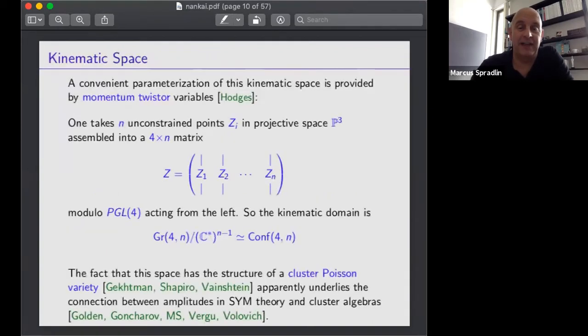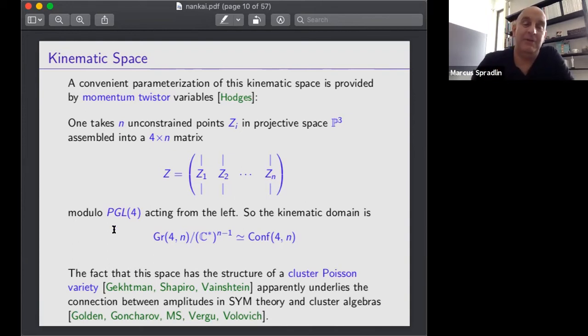Let me go back 2 slides. Here I've got a quotient of the Grassmannian by C star to the power n minus 1, because you can rescale independently all of the n columns. It's only n minus 1 instead of n, because if you were to rescale all the columns by the same amount, that wouldn't change the representative that you have in GR4 comma n.